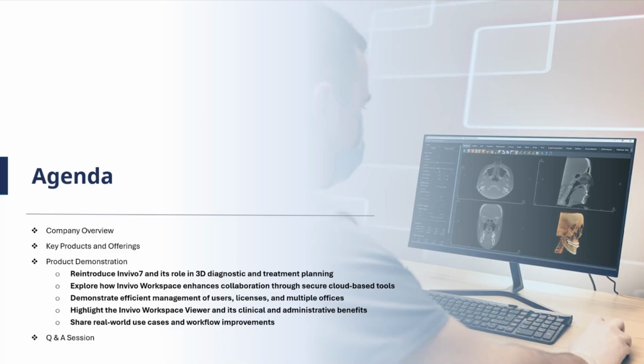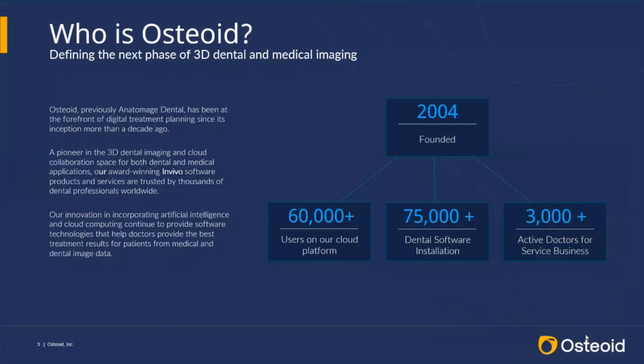All right, so before we jump into the demo, let me give you guys a quick intro into our company and what we do. So who are we? Here at Osteoid, formerly Anatomize Dental, we've been helping dental professionals reform treatment planning for over 20 years. From day one, we've been focused on making digital dentistry easier, faster, and smarter. We were one of the first to bring advanced 3D imaging and real-time cloud collaboration into everyday practice.